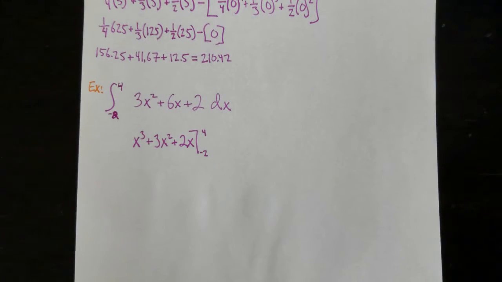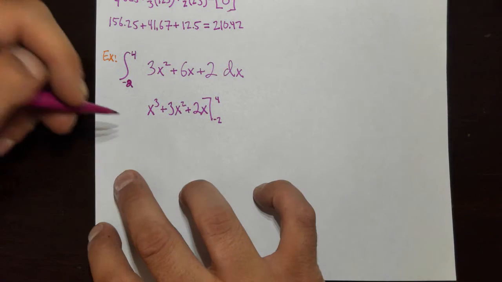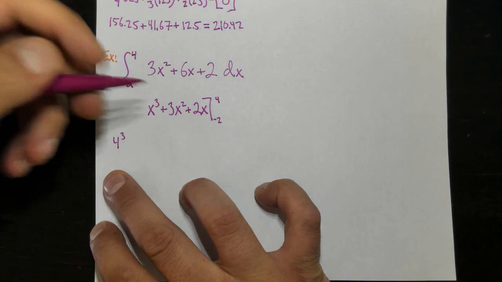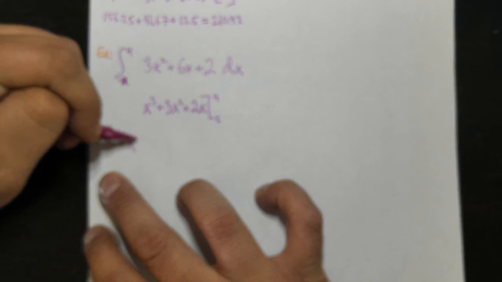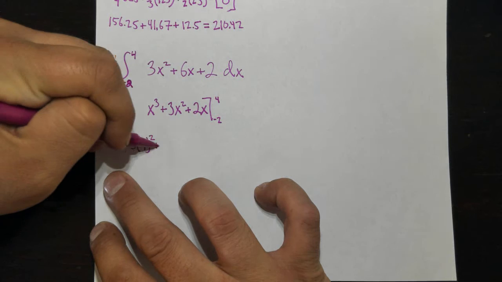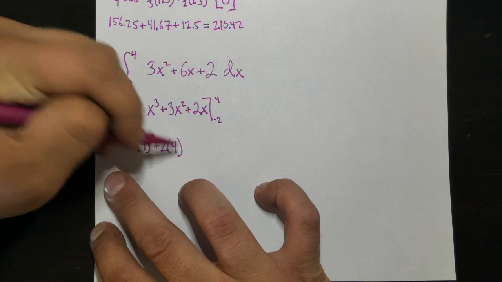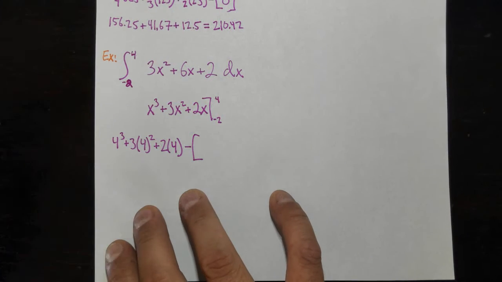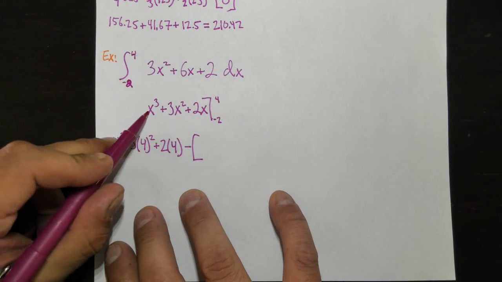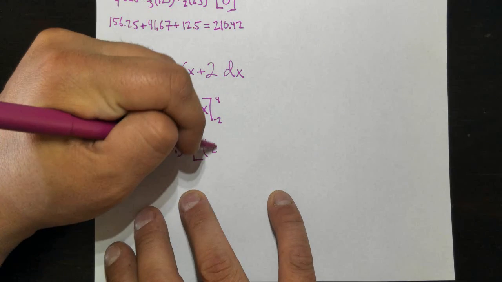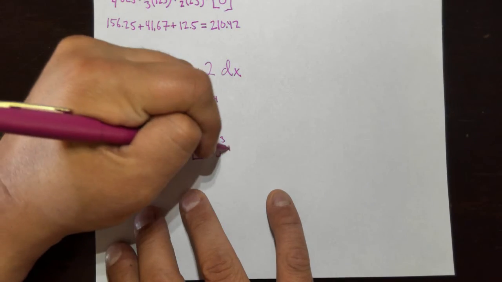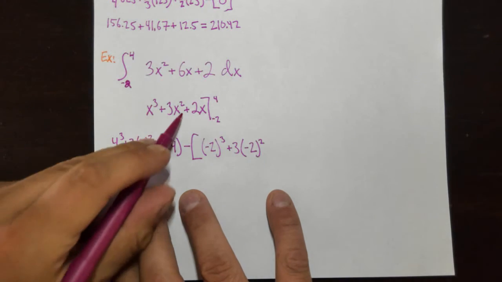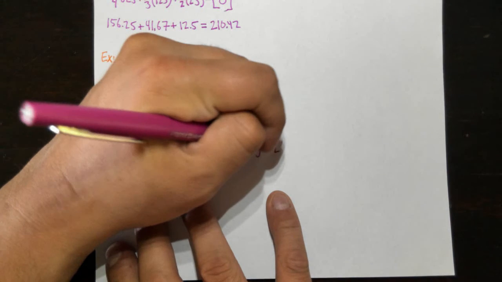All right. So let's evaluate. So 4 cubed plus 3 times 4 squared plus 2 times 4, minus, remember we want to put parentheses afterwards, negative 2 cubed plus 3 times negative 2 squared plus 2 times negative 2.